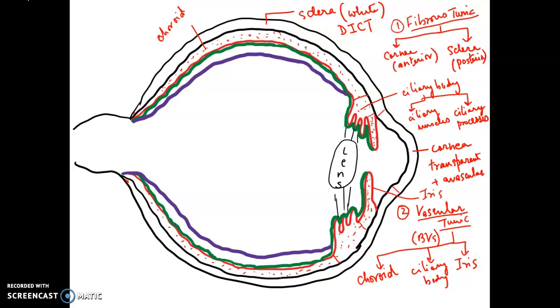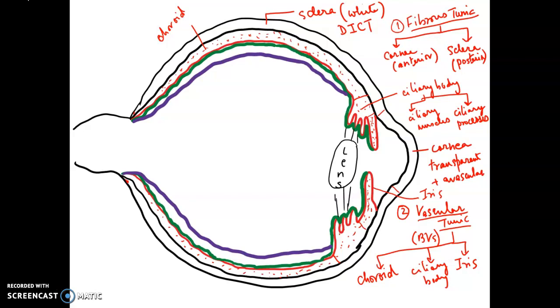Therefore, let's review. The middle layer of the eye is called the vascular tunic. The vascular tunic is divided into three parts. Posteriorly, we have the choroid. Moving anteriorly, we have ciliary body, which is made up of ciliary muscles and ciliary processes. Very anteriorly, we have the iris.